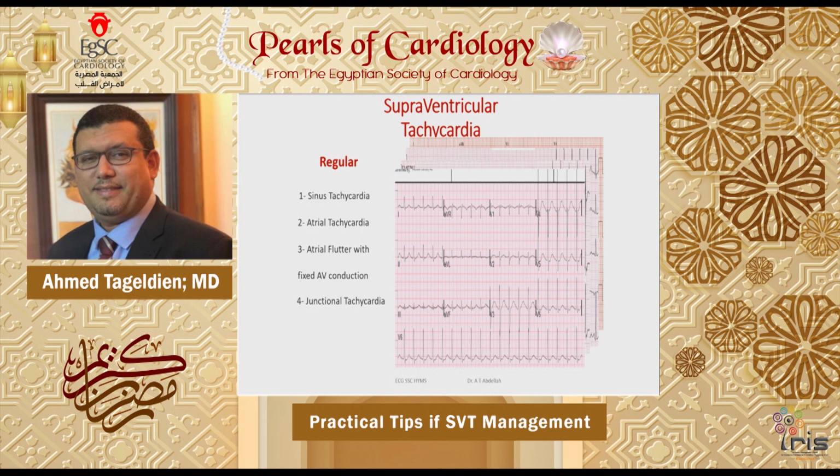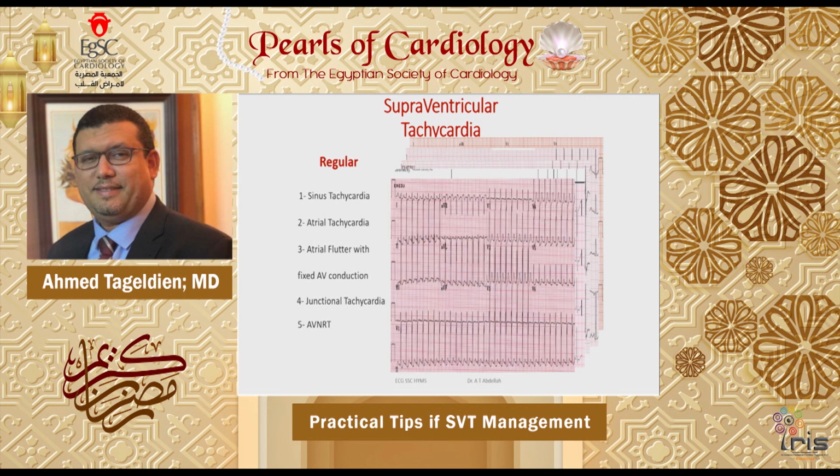Junctional tachycardia is a slow tachycardia somewhere between 100 and 140, or 160 at maximum. Sometimes no apparent P wave is there. Then we have AV nodal reentrant tachycardia, which is a very fast tachycardia. As you see here, heart rate is about 200 or 220, and as you could appreciate, no clear P wave there.